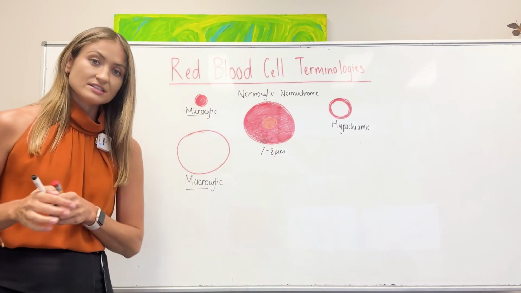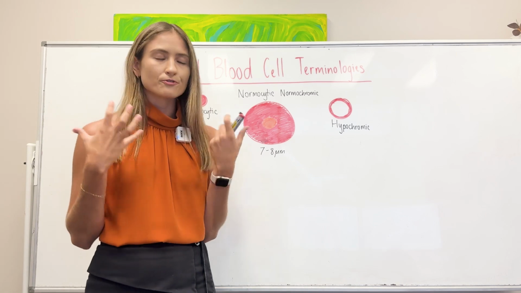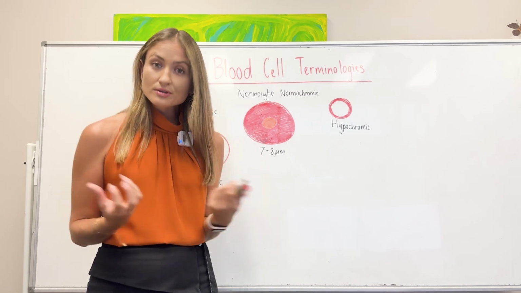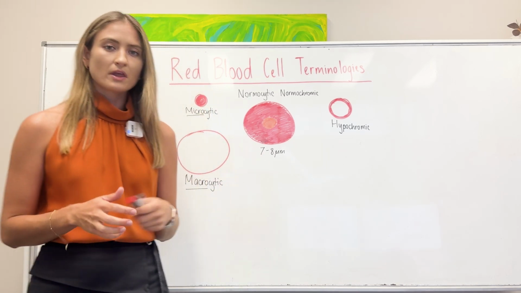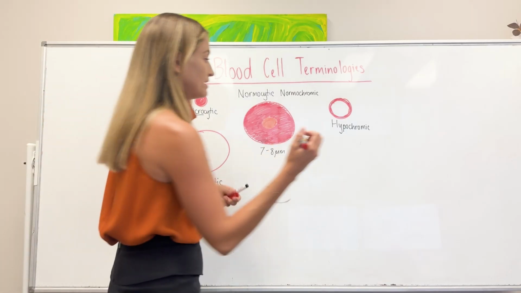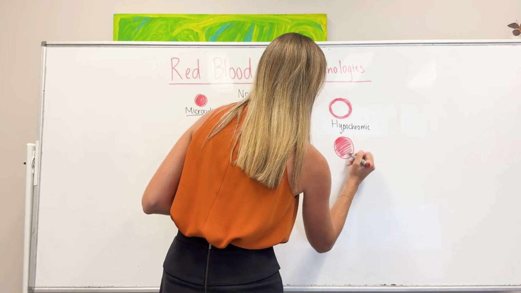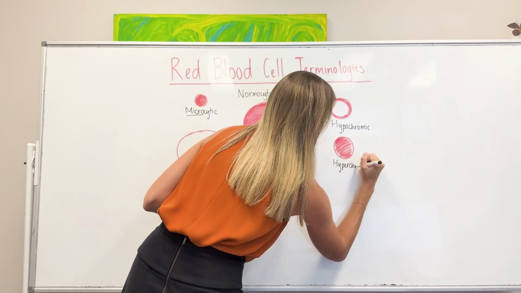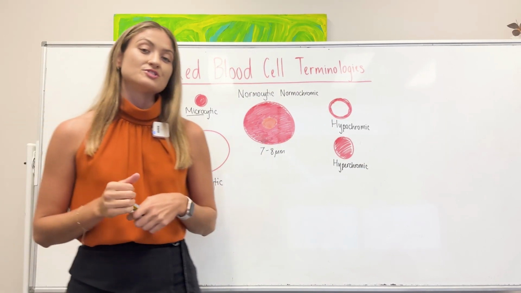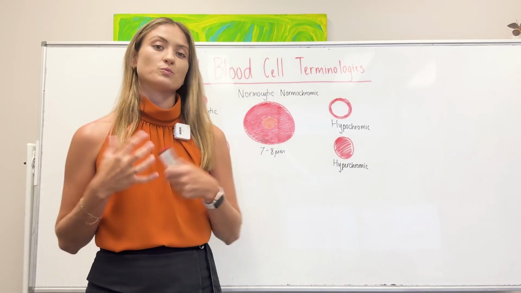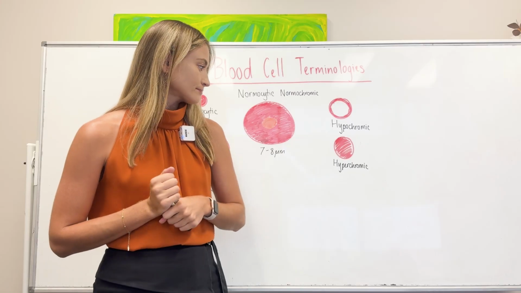And again, on the other hand, if we have a red blood cell that is so rich and red in content, but hardly any central pallor at all, we call that hyperchromic. And so that's typically got to do with the hemoglobin concentration within these cells.